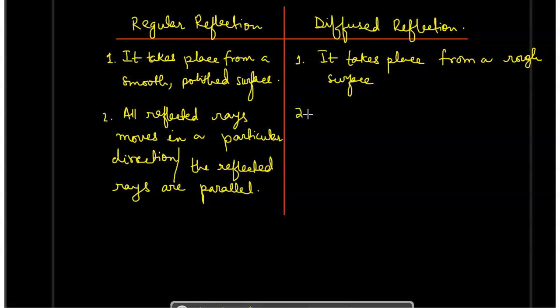Whereas in diffused reflection, the reflected rays are scattered in random directions.